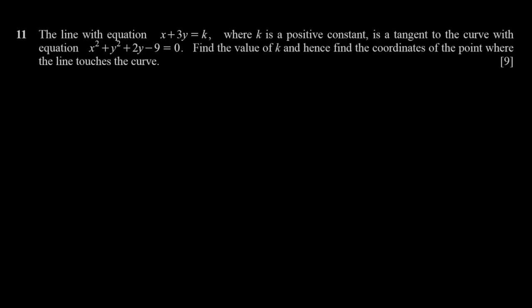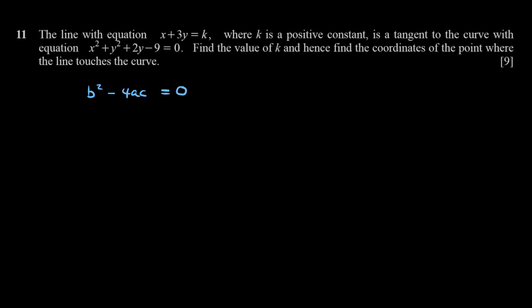Now then, because we're dealing here with a tangent to the curve, that quadratic is going to have one repeated solution. And when we have one repeated solution to our quadratic, that means the discriminant is equal to 0. So really this question is actually a discriminant question, and we need to understand the discriminant. b squared minus 4ac must be equal to 0 in this case.